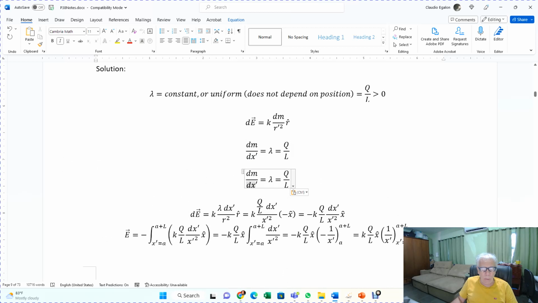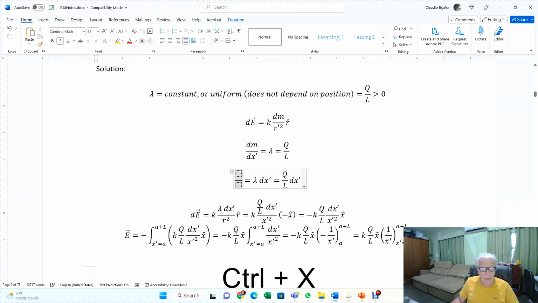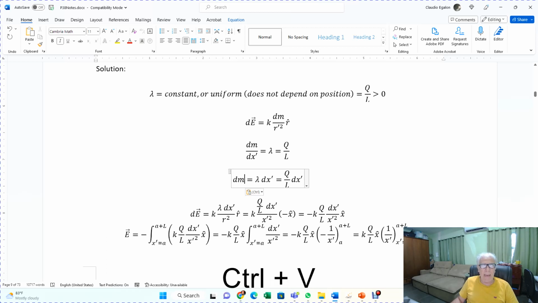We can here write that as lambda dx prime, which becomes Q over L dx prime.